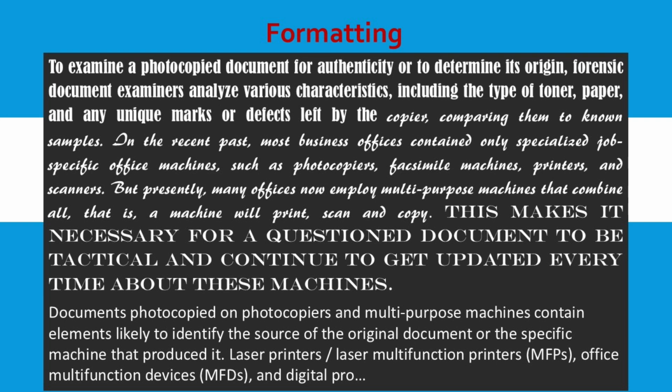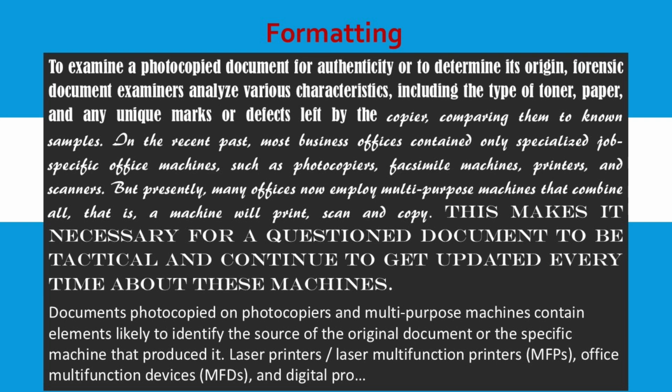So the formatting is unique to some organizations, and if there is any document coming out of that place, it is easy for a questioned document examiner to use that to discover forgery.